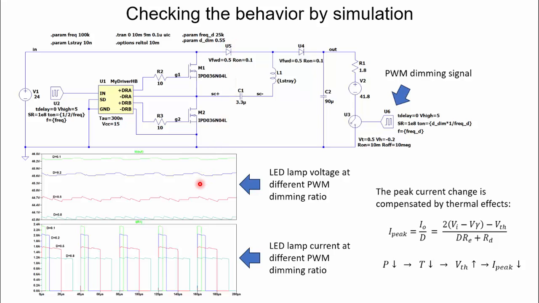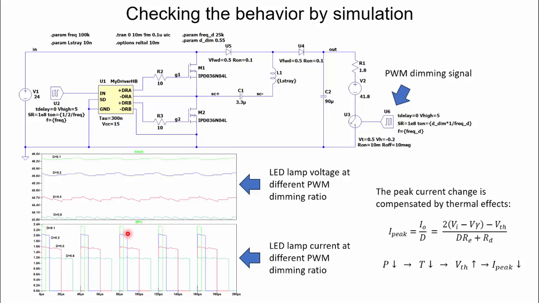So now here below we can see the output voltage for different values of the dimming duty cycle for 0.1, 0.2, 0.5 and 0.8. So we can see that the voltage remains almost constant at each duty cycle with a very small ripple. And below we can see the current circulating through the lamp.